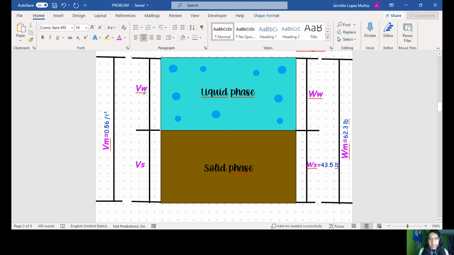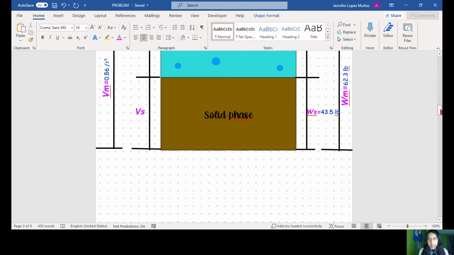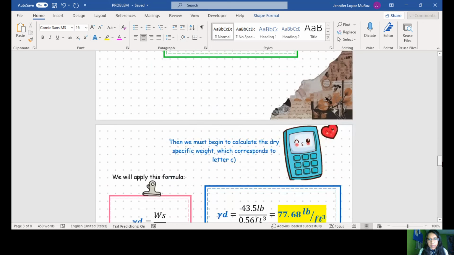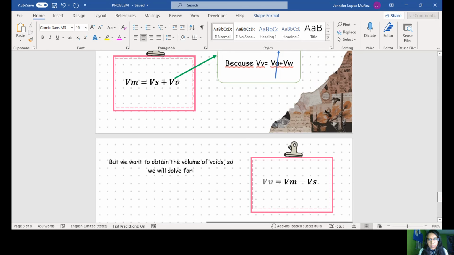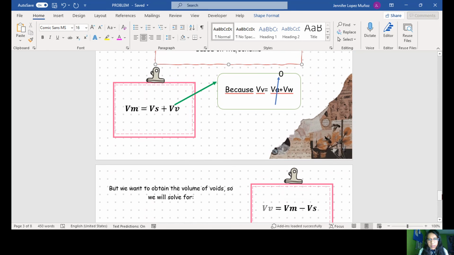It says a water volume, but the void volume is equal to air volume plus water volume.